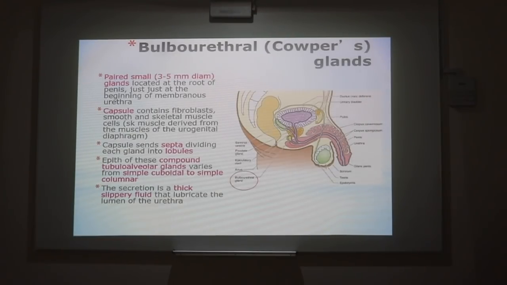So the secretions which are coming from the bulbourethral glands are mainly the lubrication secretion. So before ejaculation, the secretion which comes out from the penis is mainly the secretion which is coming out from the bulbourethral gland, and these are mainly lubricative, slippery secretions.